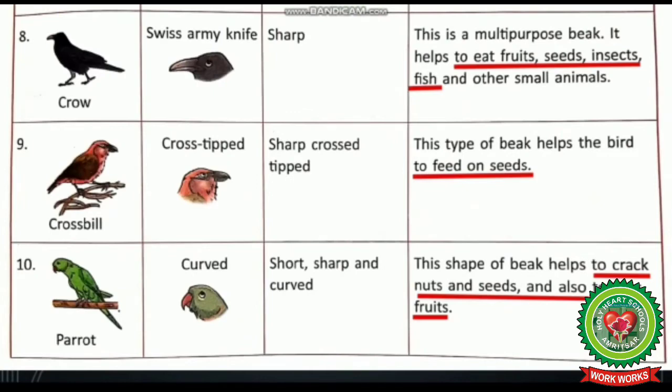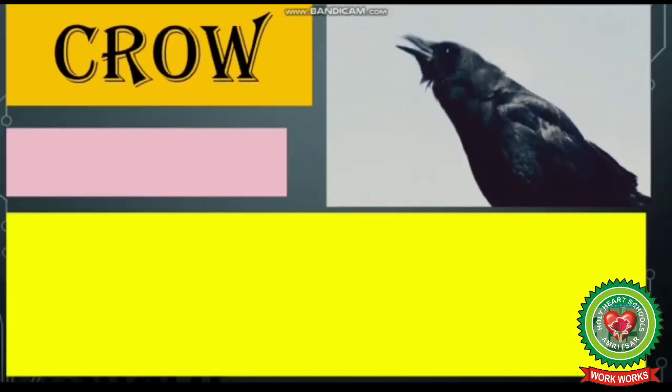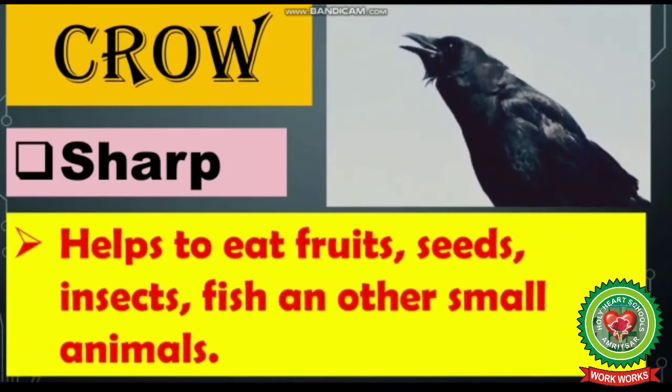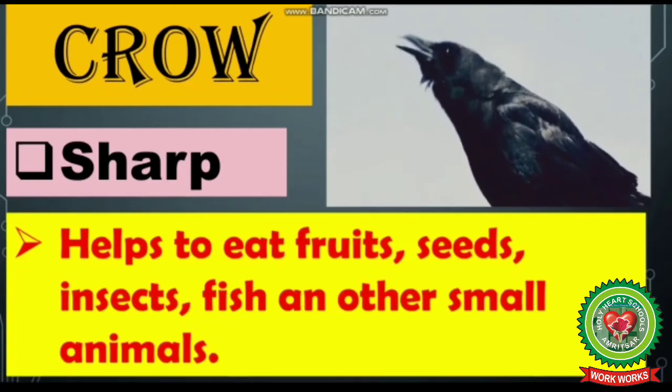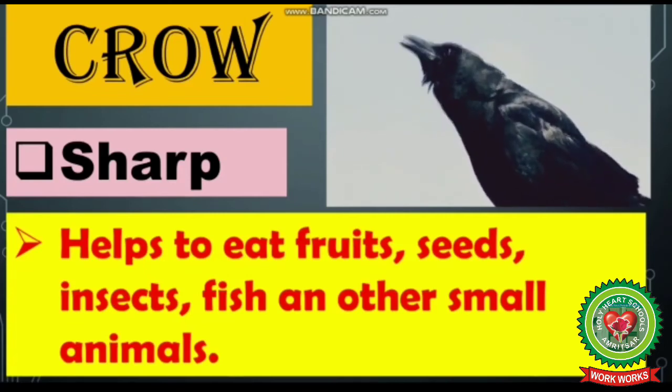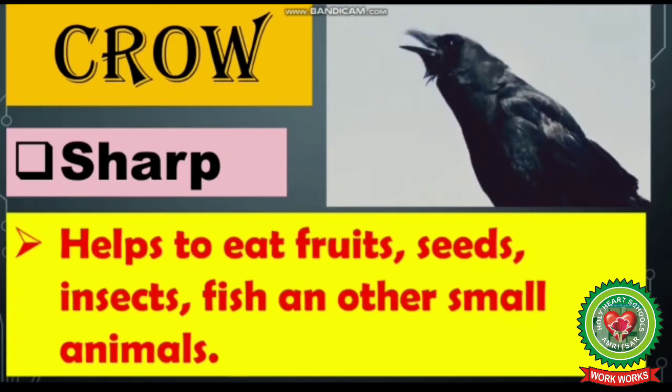Now, number 8 is crow. Crow has Swiss Army knife type of beak and its shape is sharp. Students, this is a multi-purpose beak. It helps to eat fruits, seeds, insects, fish and other small animals.